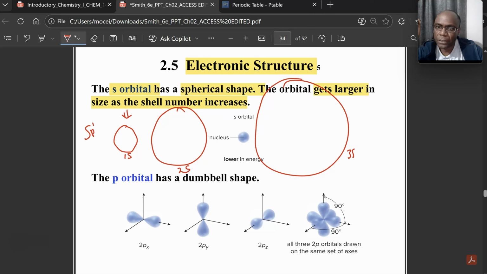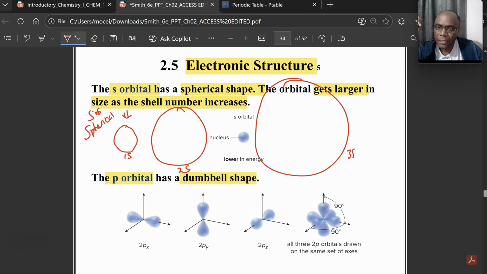So first point, know that the s orbital is spherical in whichever subshell you'll find it, whether it's 1s, 2s, or 3s.